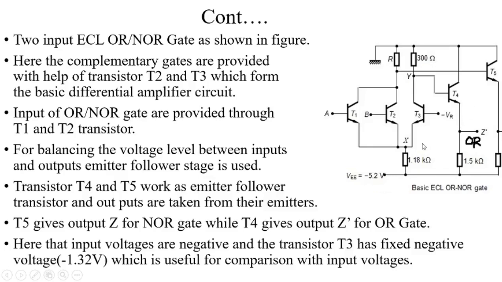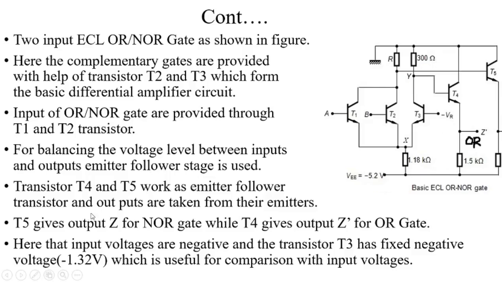Okay, and next point, T5 gives output Z for the NOR gate while T4 gives output Z complement for the OR gate. So the emitter terminal of the T4 transistor gives the OR gate output and the emitter terminal of the T5 transistor gives the NOR gate output.